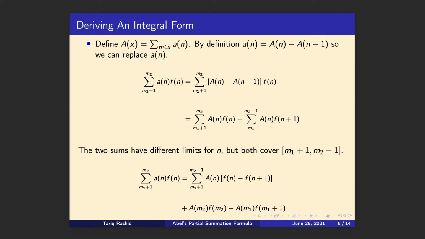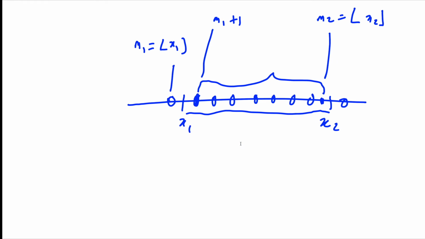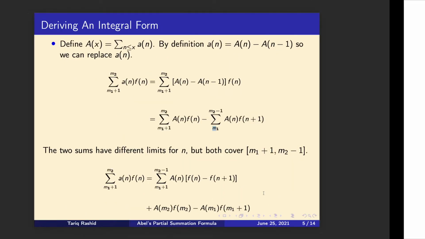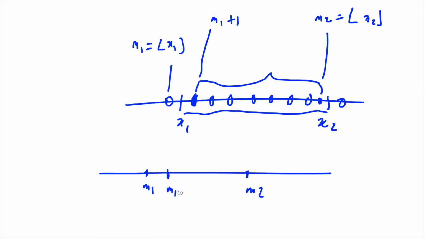The other thing that's going to help us is noticing that these two limits now are different, but they have an overlap. What's common between them is that they both go from m1 plus 1 up to m2 minus 1, but there's a bit extra at the ends. Let's draw a picture there. So we have m1, m2, let's remind ourselves what it looks like, m1 plus 1, and m2 minus 1.